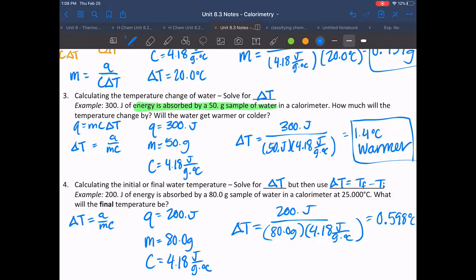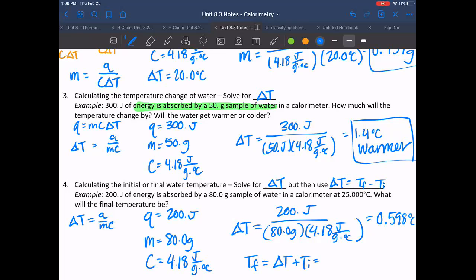0.598. Are we done? No. So what is the question asking for? What temperature? Exactly. So if we were to rearrange, T final is equal to delta T plus T initial.